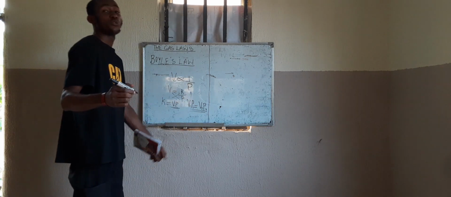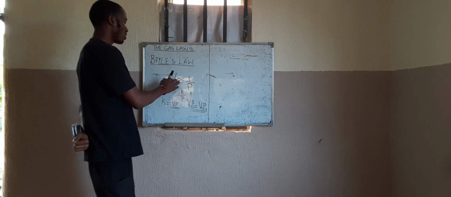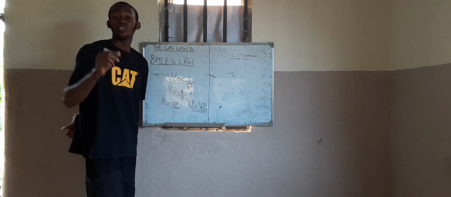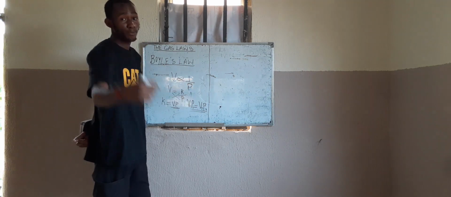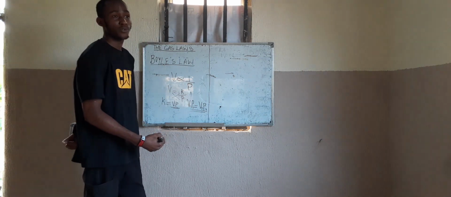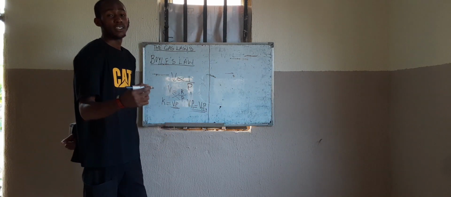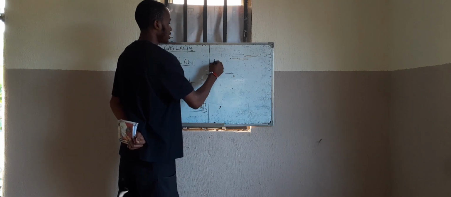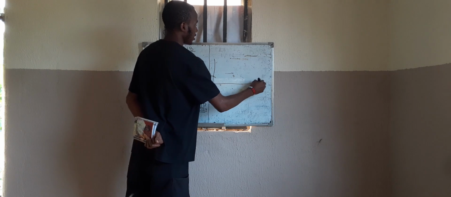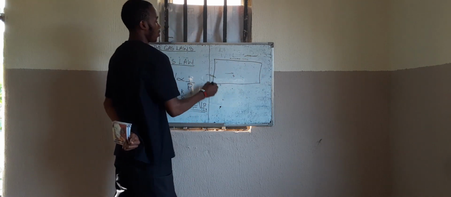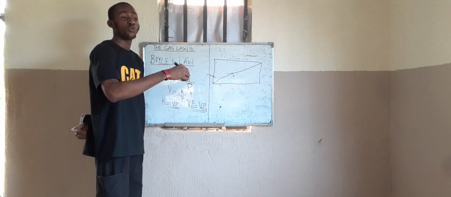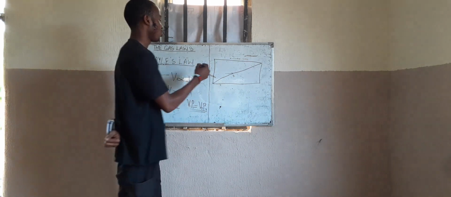Then sometimes you see the graph. We said that the volume is inversely proportional to the pressure. So that means when the pressure increases, the volume will decrease, and when the volume increases, the pressure will decrease, and so on. So usually this is the graph for this law. Sometimes in your exam you see something like that and they ask you which law has this graph. So you know it's Boyle's law.